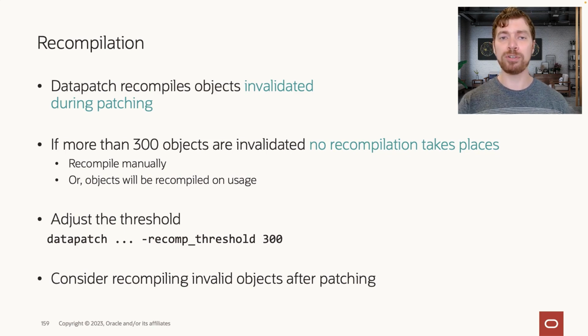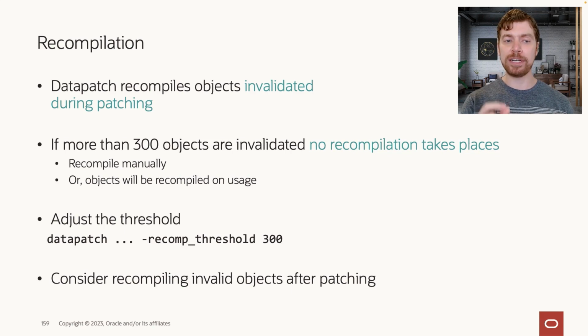So we recommend you recompile them manually, or the objects will recompile on usage, meaning when you try to use that package that is invalid, the Oracle database, before allowing you to execute it, will try to recompile it. You can optionally adjust that threshold.